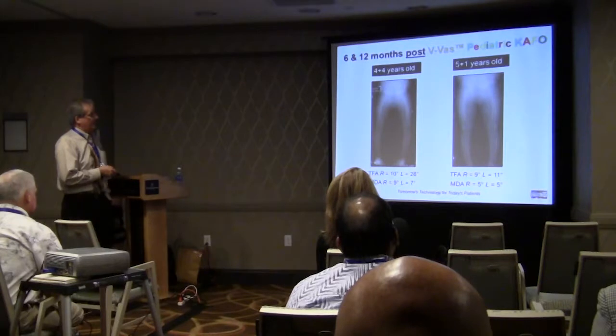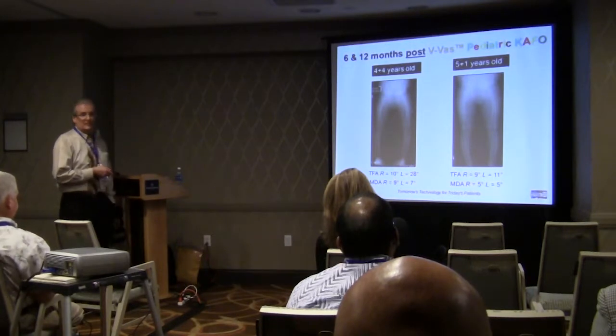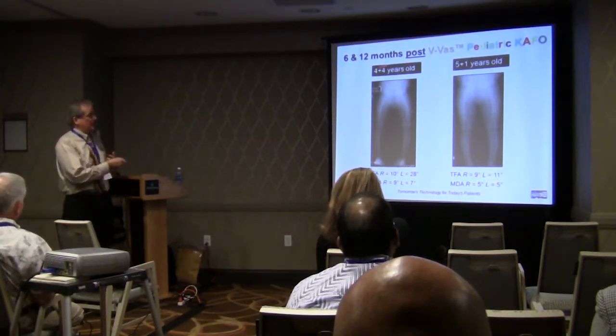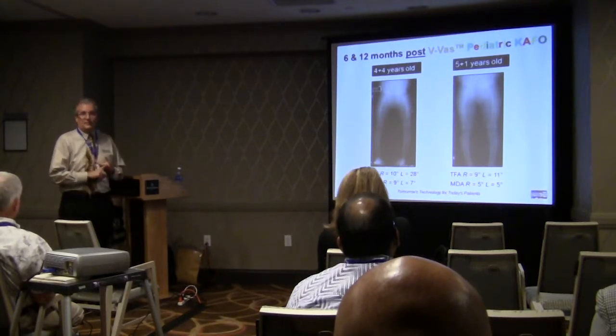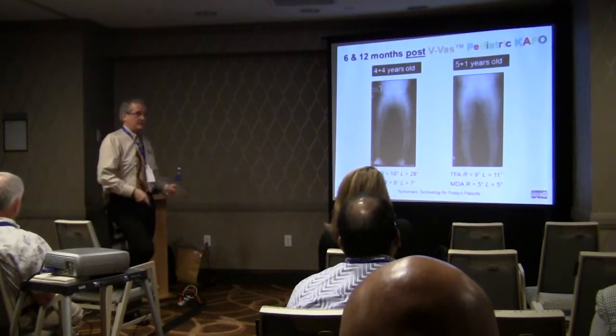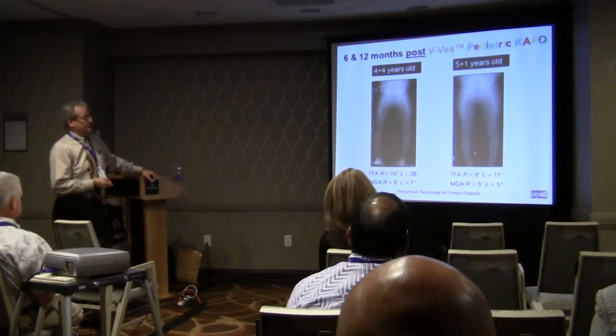He was fit with the VVAS, and you can see that 6 months after being in a VVAS, at 4+4, the angles reduced significantly. I think the big thing is not only did the angles reduce, but at his age of 4+4 years, it's tough to keep some of these kids in braces, and there were some language barriers. The orthotist and physician really felt that it was the free motion that did the trick, with the kid being able to move around. Then at 5+1 he was followed up and discontinued.